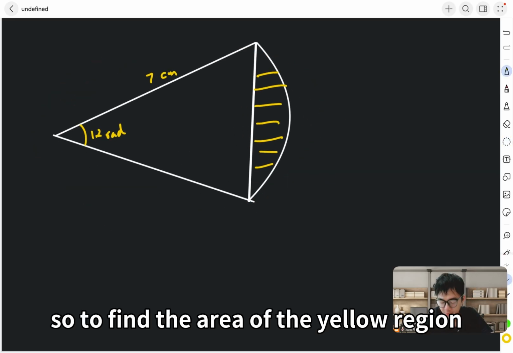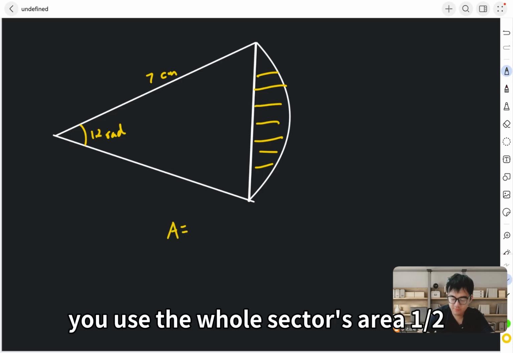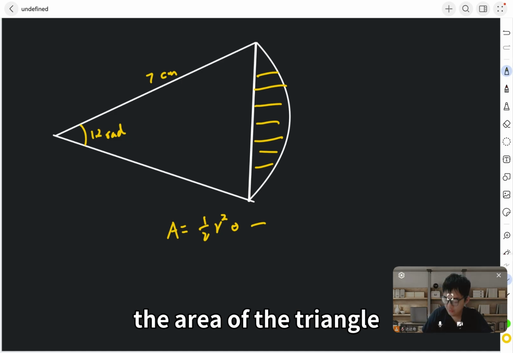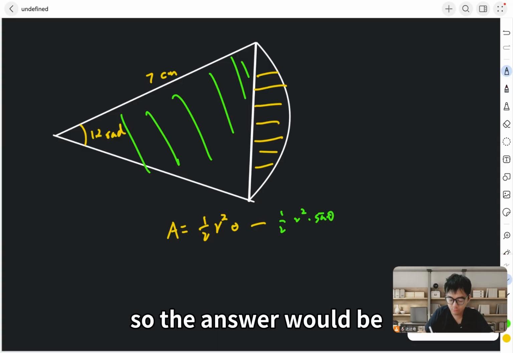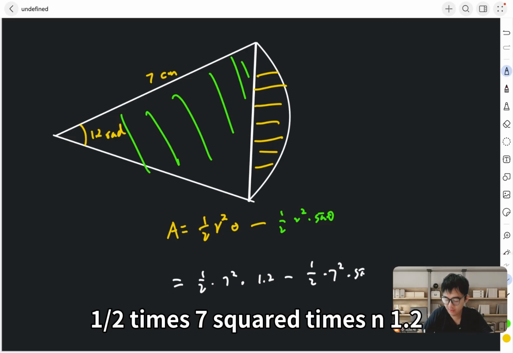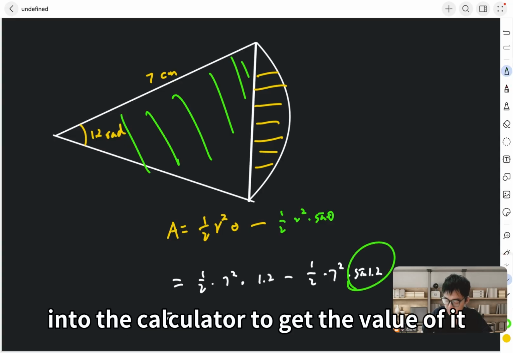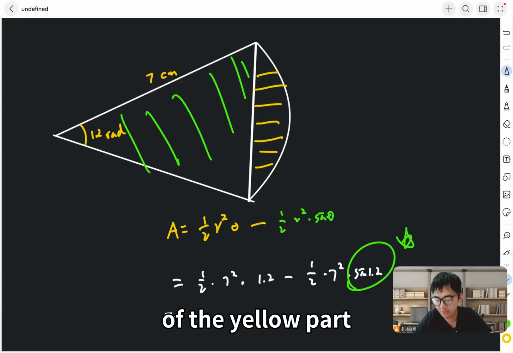To find the area of the yellow region, you use the whole sector's area, 1/2 r squared times theta, minus the area of the triangle, 1/2 r squared times sine theta. So the answer would be 1/2 times 7 squared times 1.2 minus 1/2 times 7 squared times sine 1.2. Insert this into the calculator, and finally we can find the area of the yellow part.